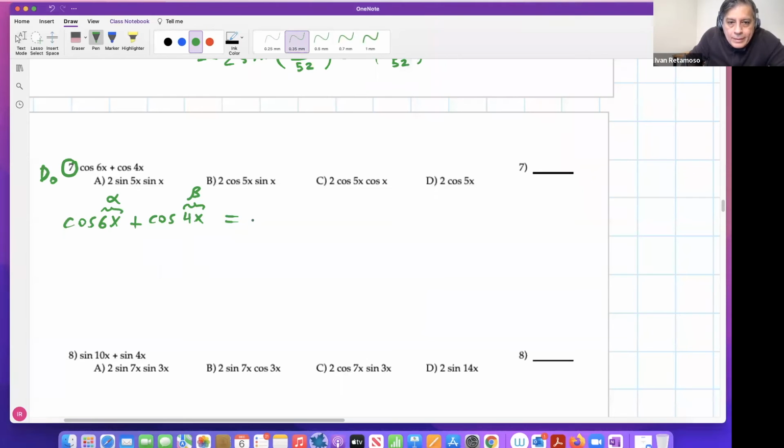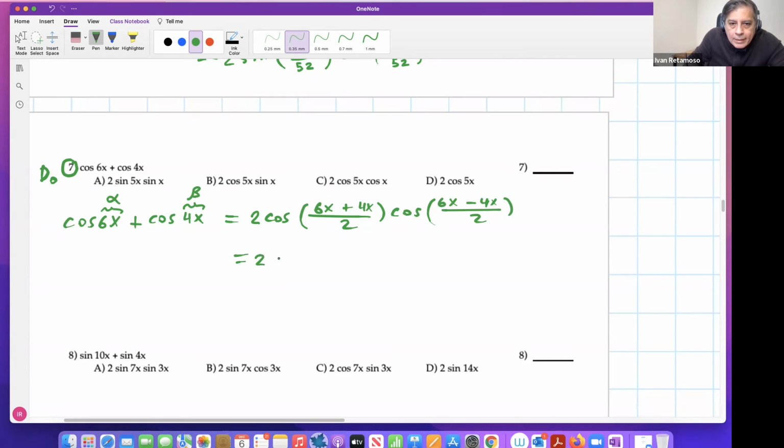So this will be equal to twice the cosine of alpha plus beta over 2, but alpha is 6x plus beta 4x over 2, multiplied by cosine of alpha minus beta over 2, alpha 6x minus beta 4x over 2.